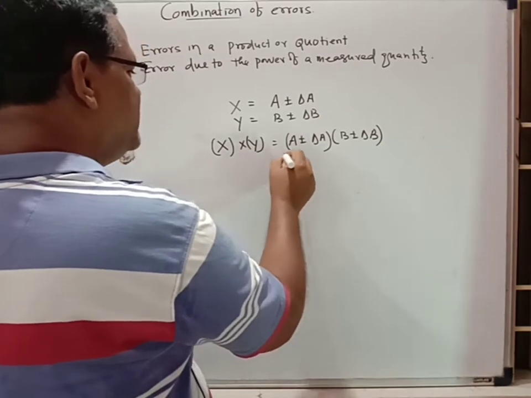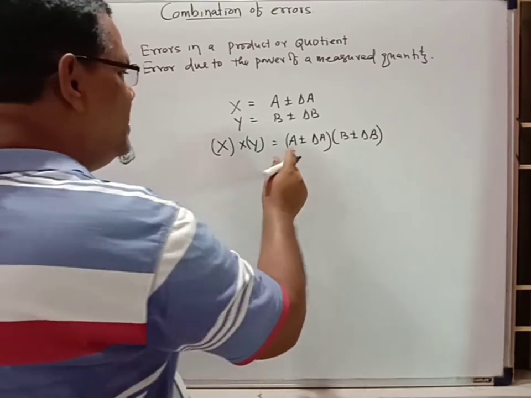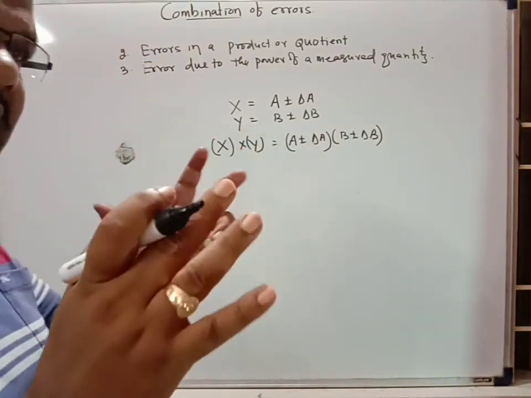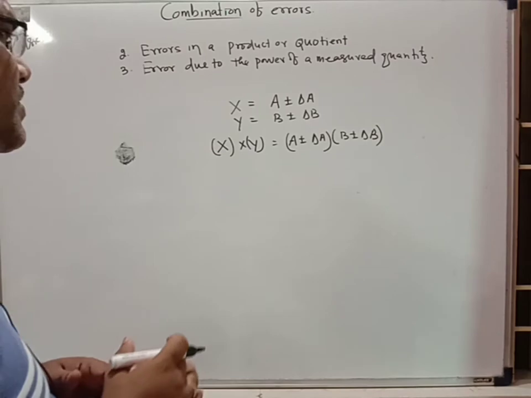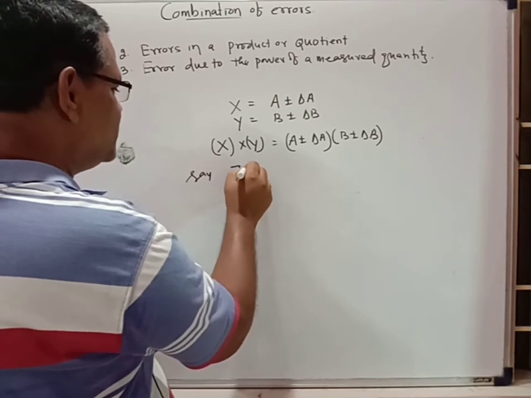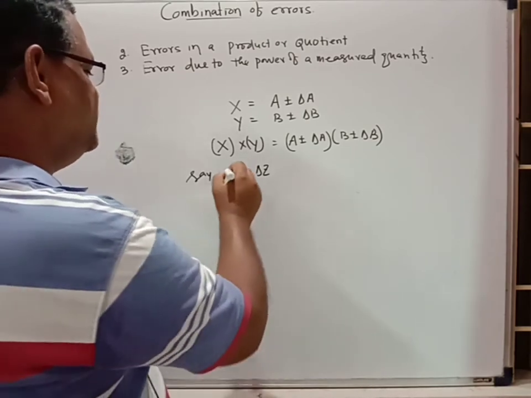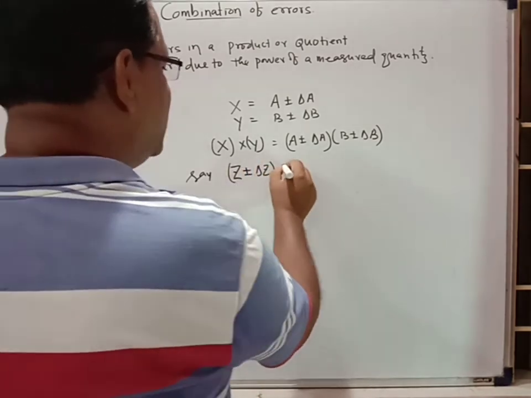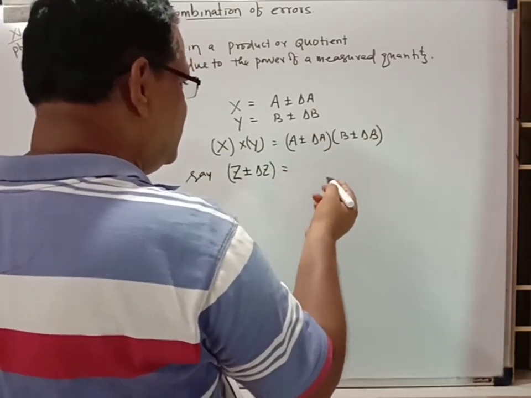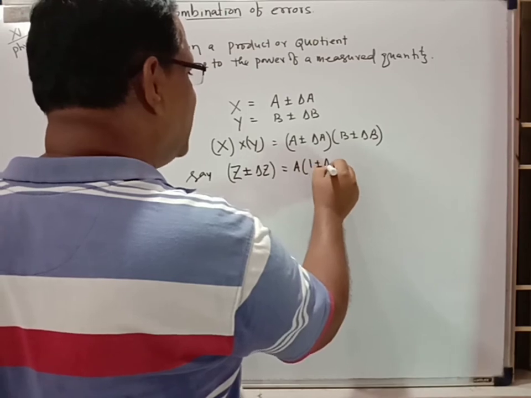Whenever you multiply x and y, you get a result; suppose in absolute error form the result becomes Z plus or minus delta Z. If you simply multiply, a can be taken out, and if a is taken out, that is equal to 1 plus or minus delta a upon a.